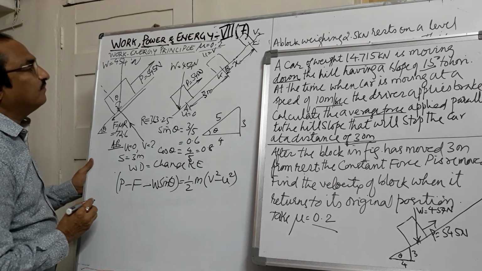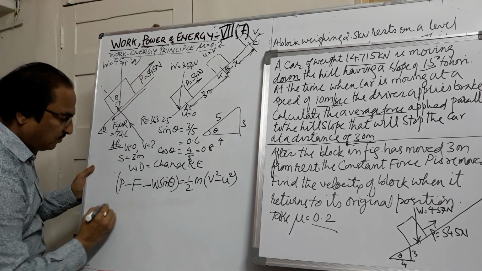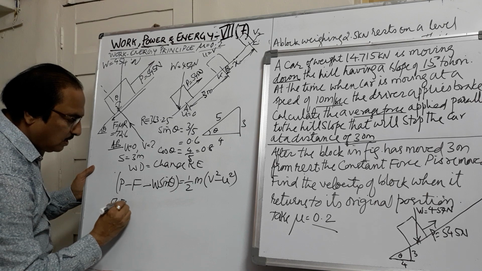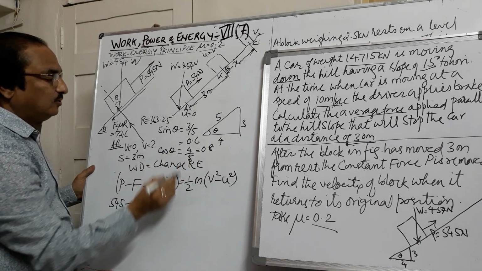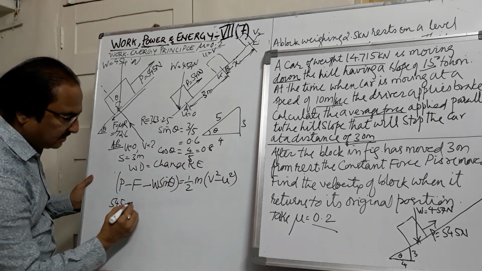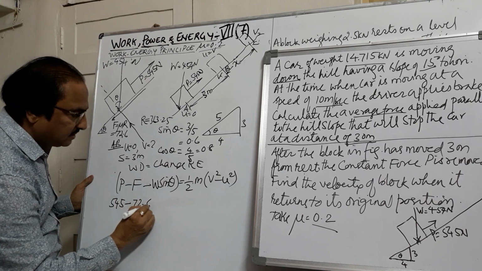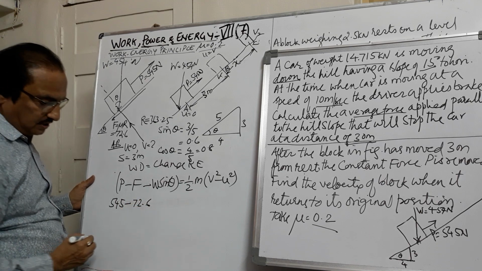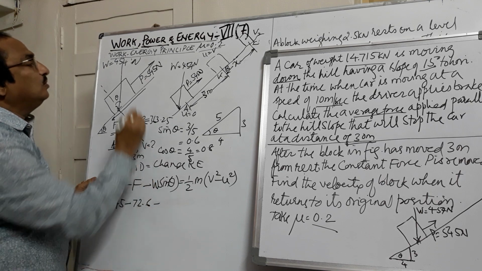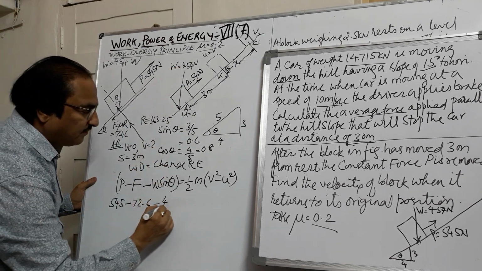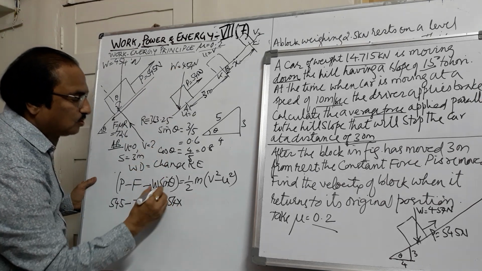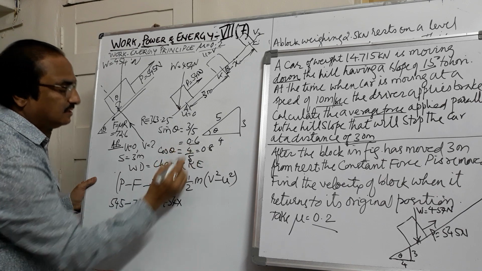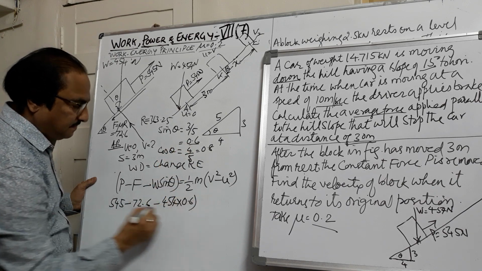Substituting the values, P is 545 minus F, which we have calculated as 72.6, minus W, which is 454, into sin theta, which is 0.6.